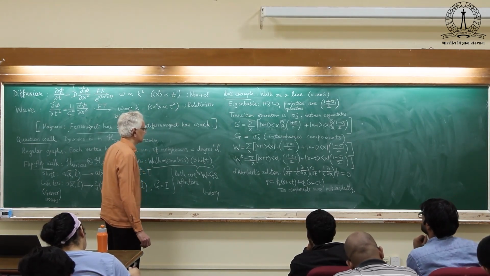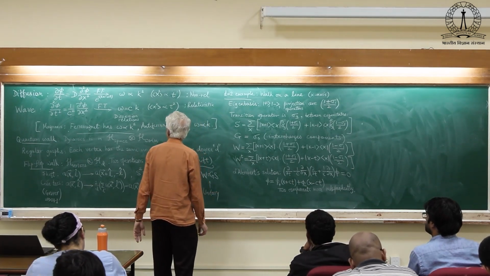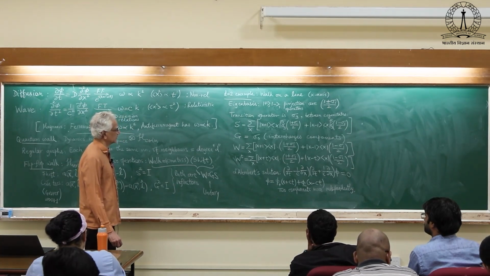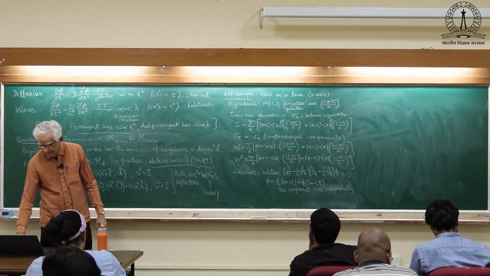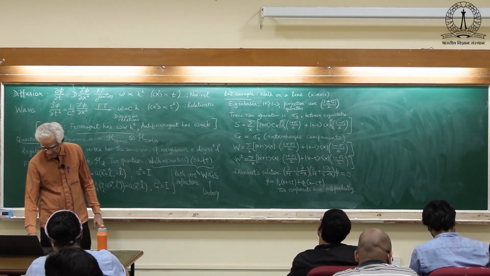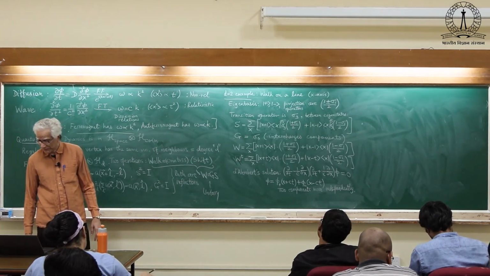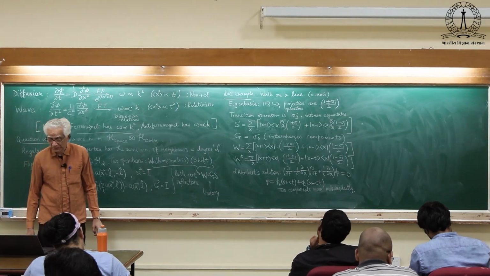So one can now make more detailed structures. I'm not going to go into higher dimension, but at least point out what more can be done in a one-dimensional situation as well.